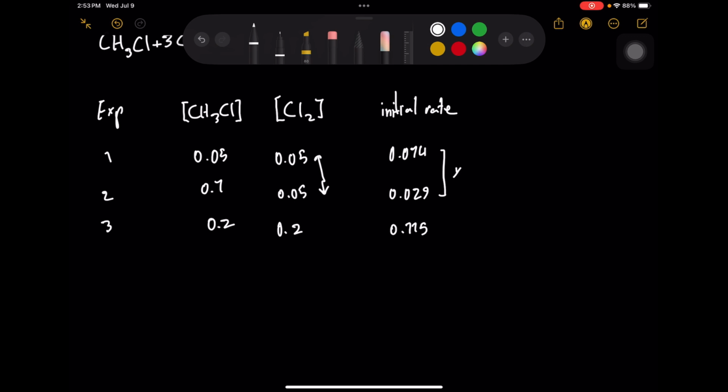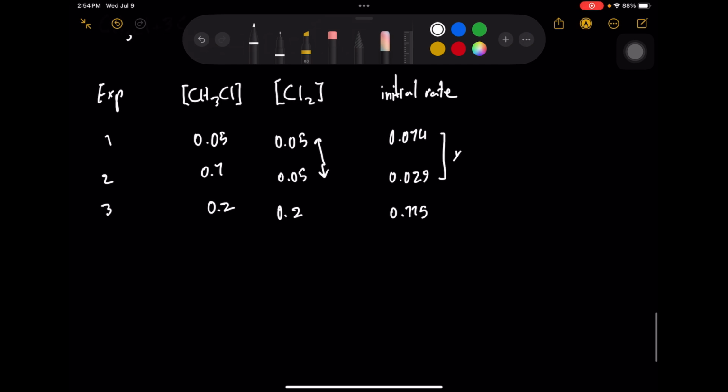It is easier because the effect of changing the concentration of one reactant on the rate, while keeping the other reactant concentration constant, makes it easier to find the rate. Here Cl2 is constant while CH3Cl is changing, so we just have to consider the rate over CH3Cl, which is what is affecting the rate.